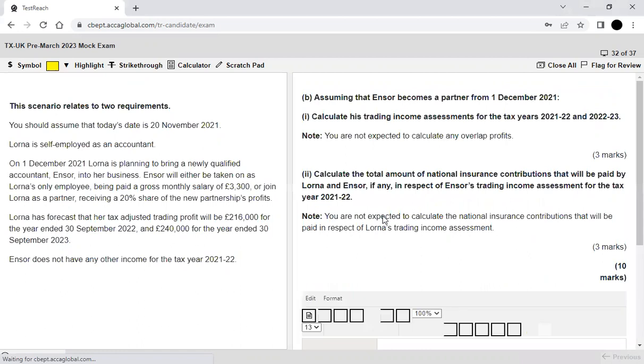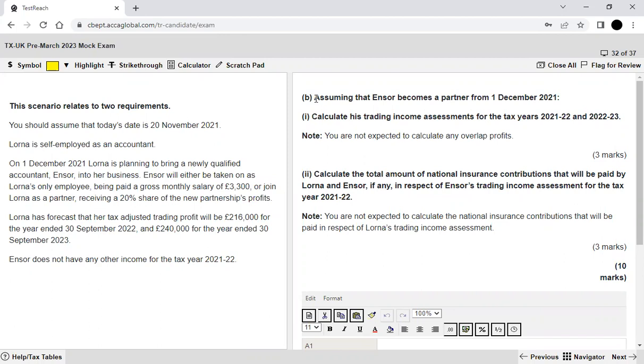So I'm moving ahead to the next part of this question. You should assume that today's date is 20th November 21. The same scenario, part B of the requirement. Assuming that Esnor becomes a partner from 1st December 21. So first, you have to assume that Esnor is now a partner.